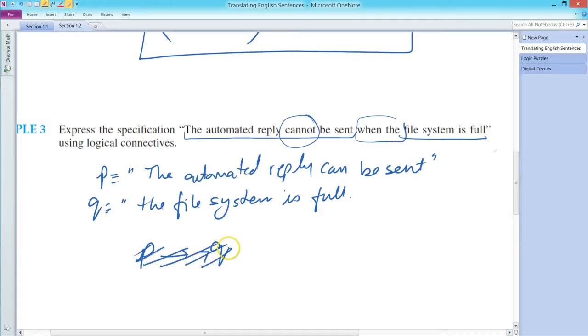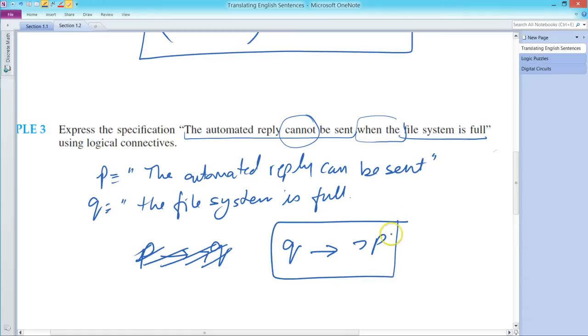If the file system is full is represented by the Q variable. If the file system is full, which is represented by Q, then we cannot send an automated reply. Therefore, we can say that Q implies not P, and this represents the complete translation of this system specification into a logical representation.